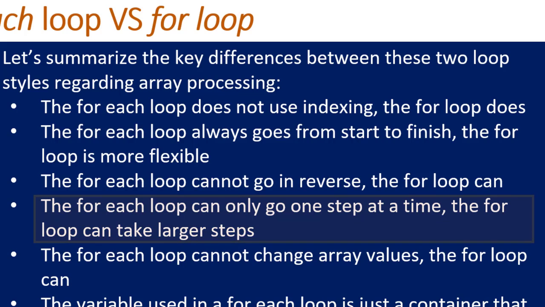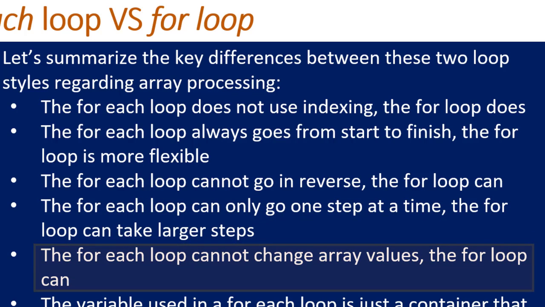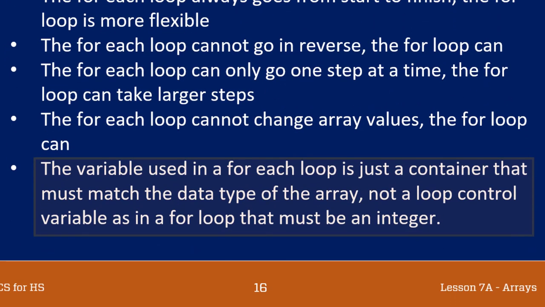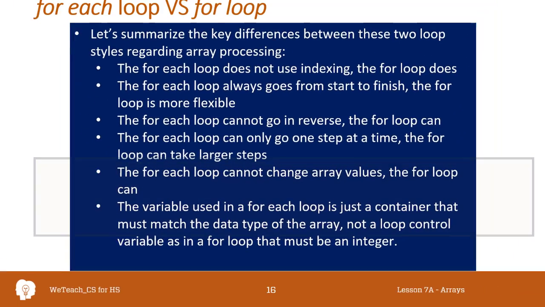The for-each loop can only go one step at a time. The for loop can take larger steps. The for-each loop cannot change array values. The for loop can. The variable used in a for-each loop is just a container that must match the data type of the array, not a loop control variable, as in a for loop that must be an integer.